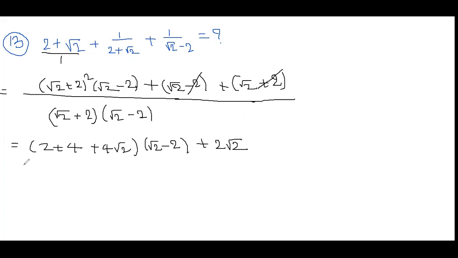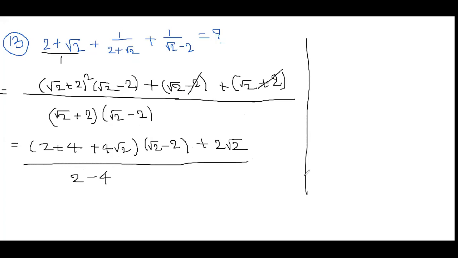And the denominator is a plus b into a minus b, a square minus b square, a square minus 4. Now see that 2 plus 4 is 6.